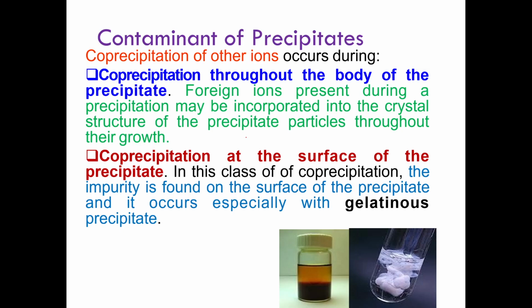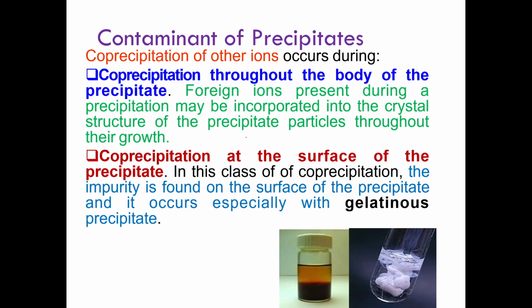Co-precipitation of other ions occurs within the body of the precipitate and also at the surface of the precipitate. So there are 2 ways co-precipitation happens, by the body and the surface of the precipitate. In the body of the precipitate, another ion present during precipitation may be incorporated into the crystal, and then the precipitate particle will grow with this ion that we don't need.